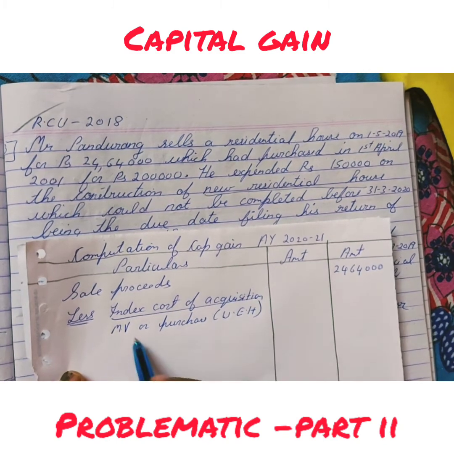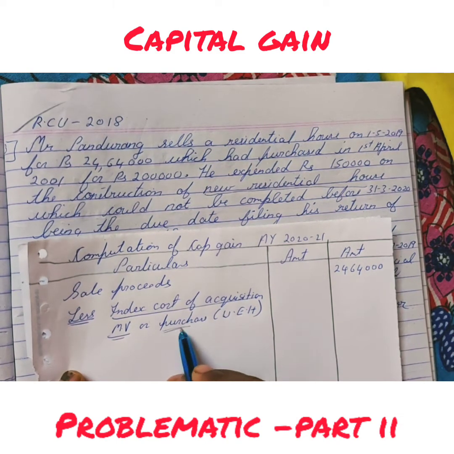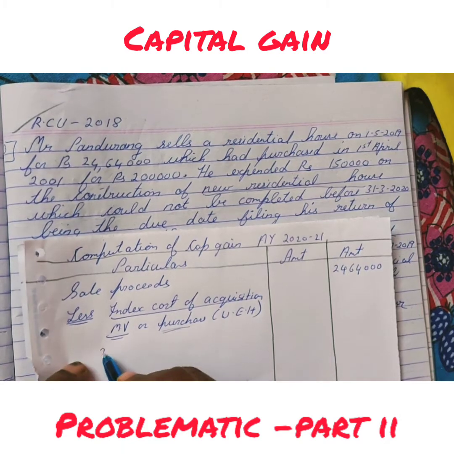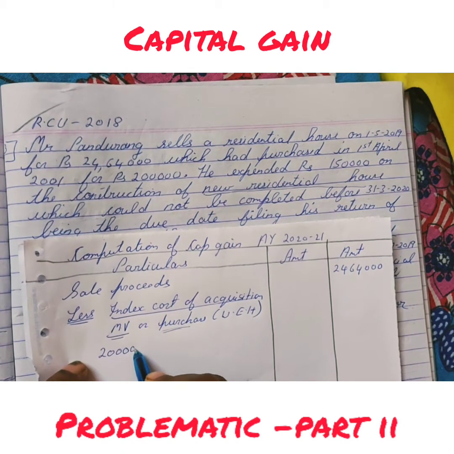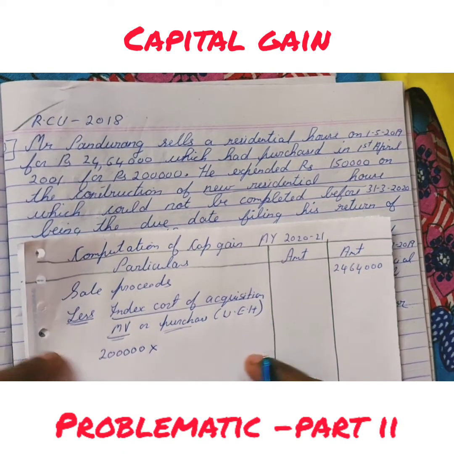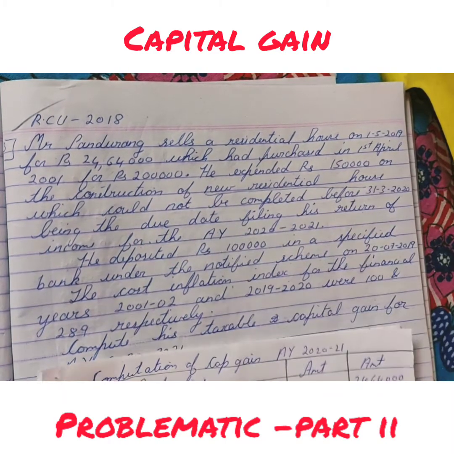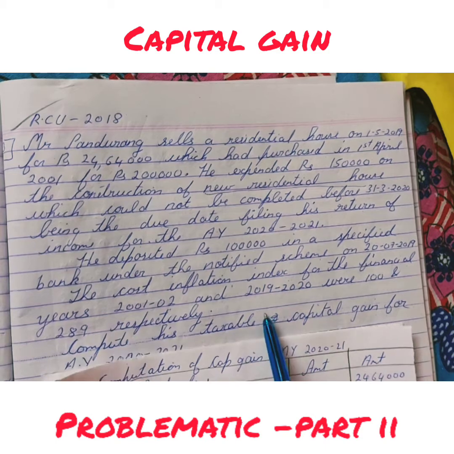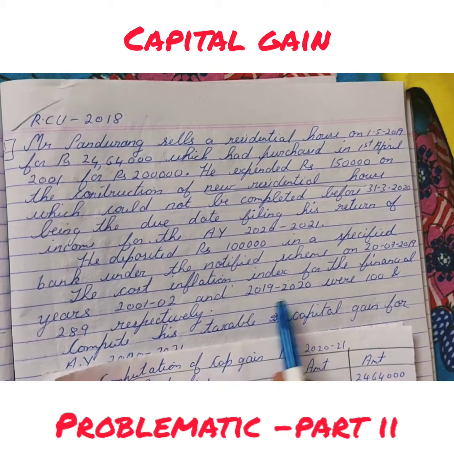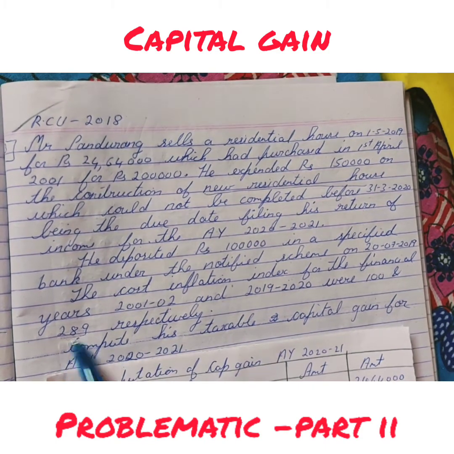But in this problem market value is not given, only purchase value is given. So your purchase value is 2 lakhs, multiplied by the index. Index for the year, that is the previous year, is 2019-20, and the index for 2019-20 is 289.